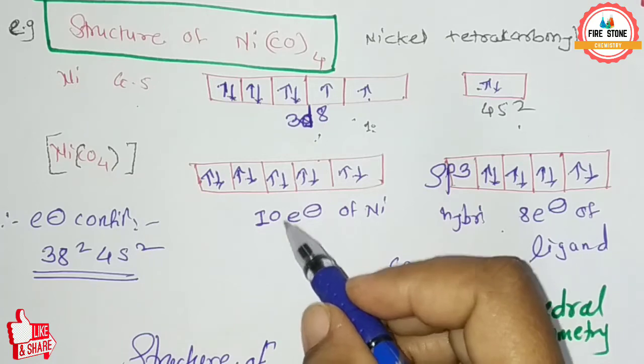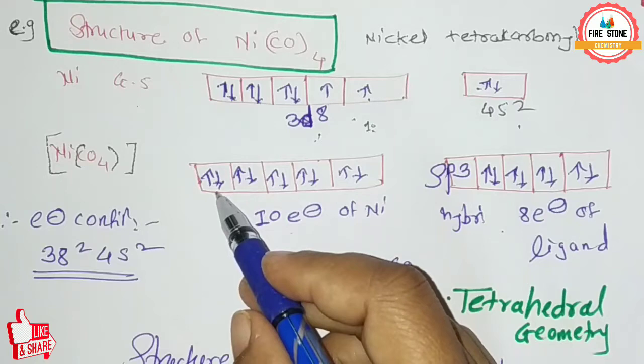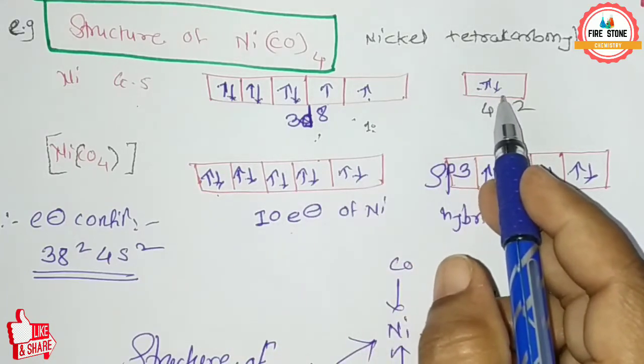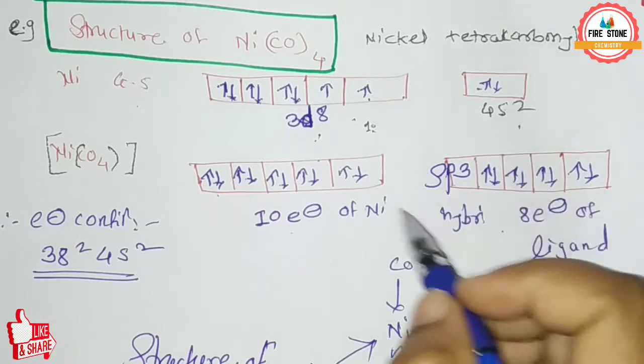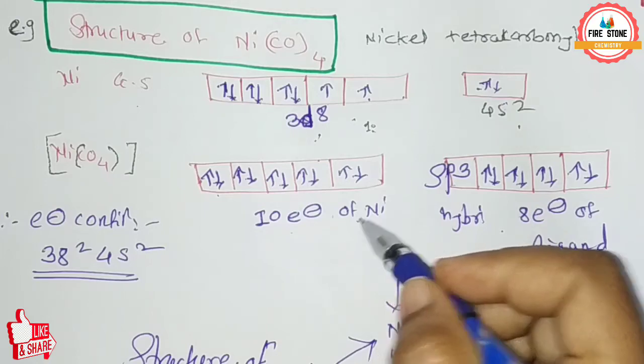Here we see that there are 3d10 electrons, that is, the 4s2 electrons are again paired up in the d orbital.